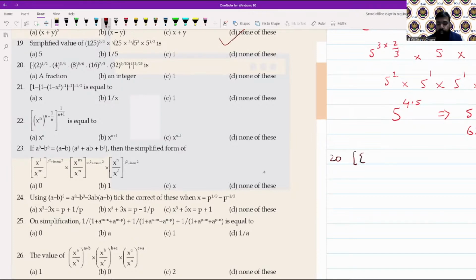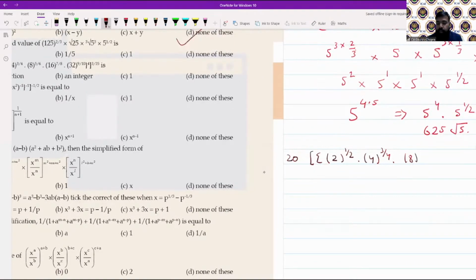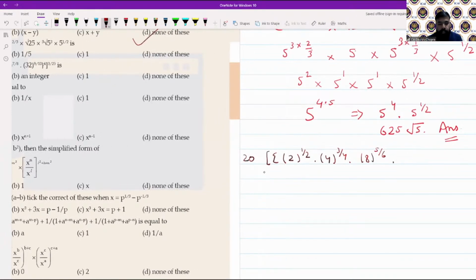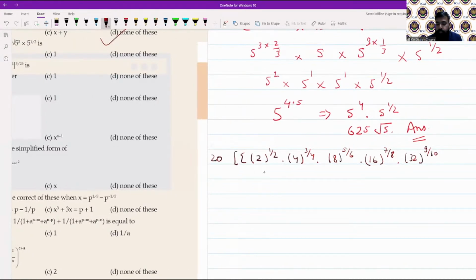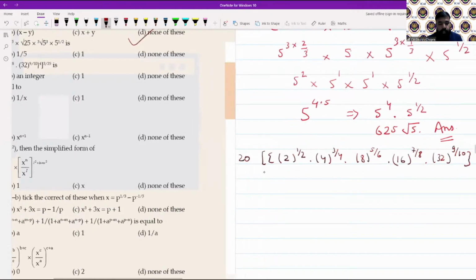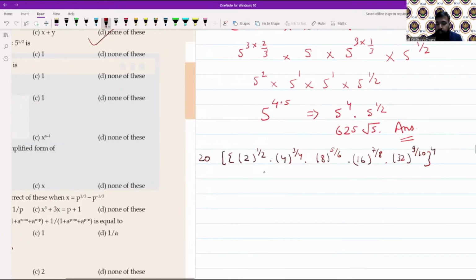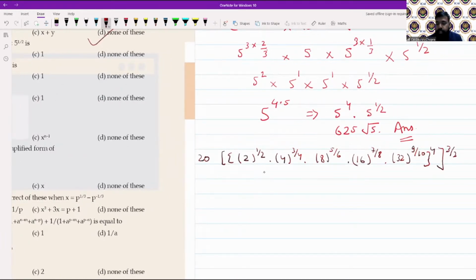Bracket, then curly bracket, then normal bracket, 2 to the power of half, 4 to the power of 3 by 4, 8 to the power of 5 by 6, then 16 to the power of 7 by 8, 32 to the power of 9 by 10, then curly bracket close, power is 4, and then the power is 3 by 25.